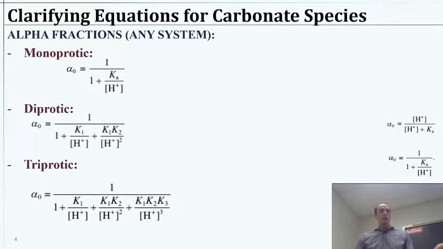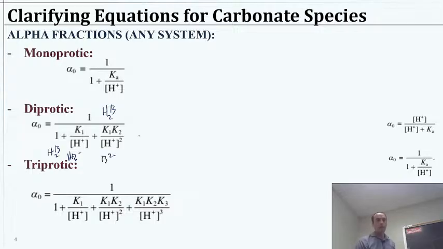If we do this with a diprotic system, well, we'll start with monoprotic. We just showed ourselves we can get to this 1 over 1 plus Ka over H plus for alpha 0 in a monoprotic system. We can do the same thing for a diprotic, and what we have is essentially two substitutions that we need to make because for a diprotic, we'll call it H2B, HB minus and B2 minus.